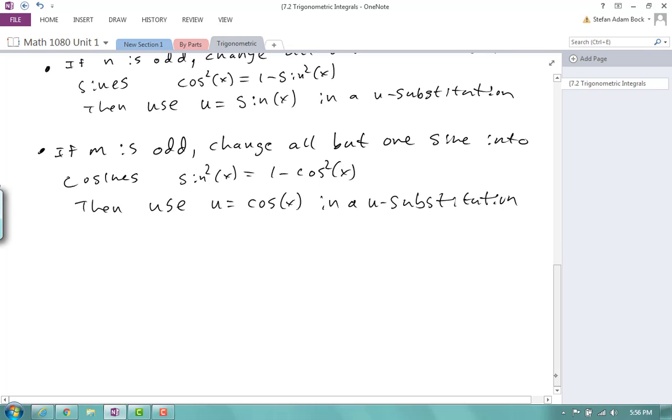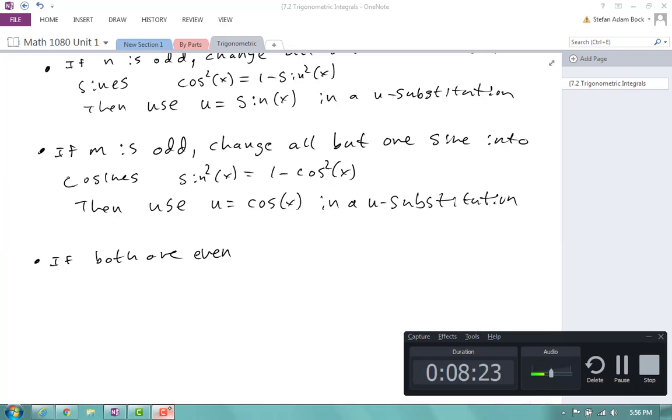Now, I do have an uncovered case here. What if neither of them is odd? What if they're both even? So if both m and n are even, then what I'll have to do is one of the so-called power reduction formulas.